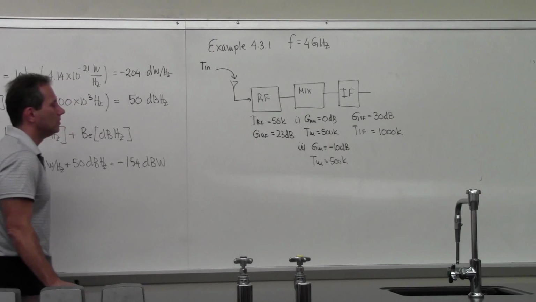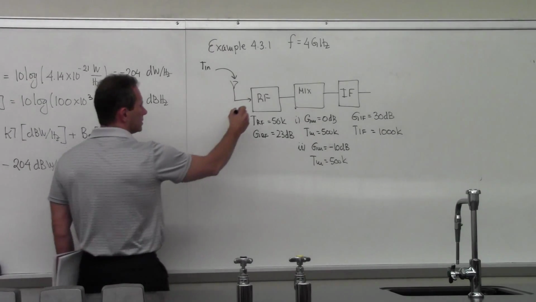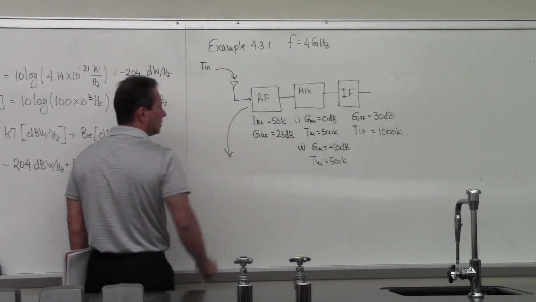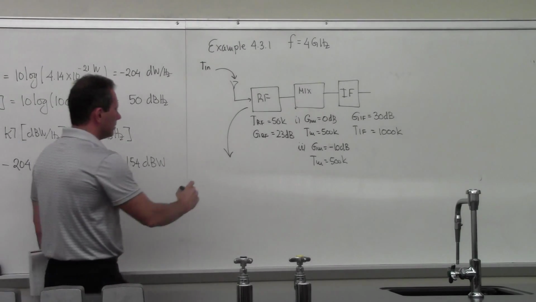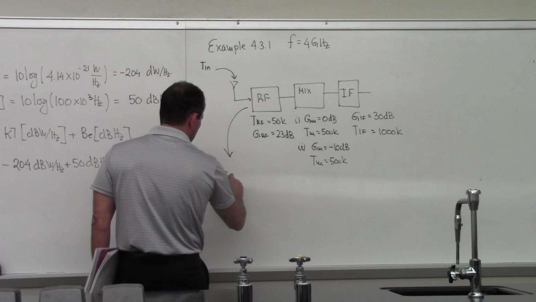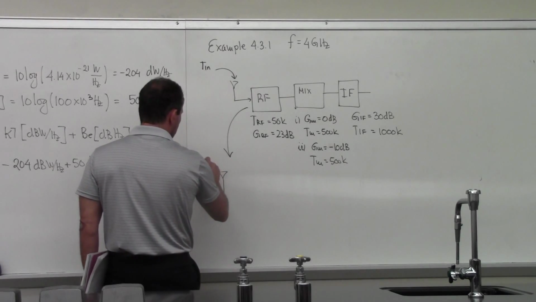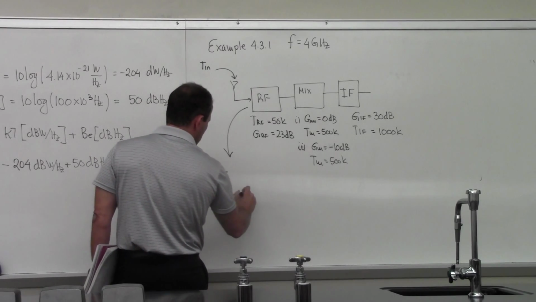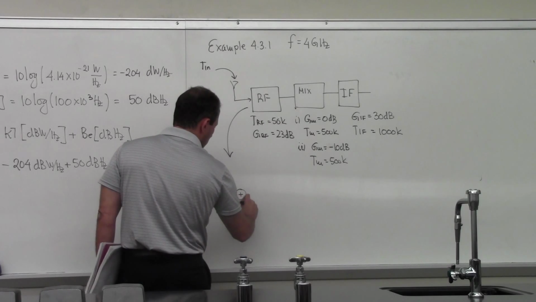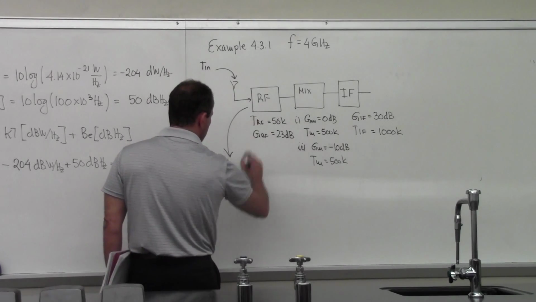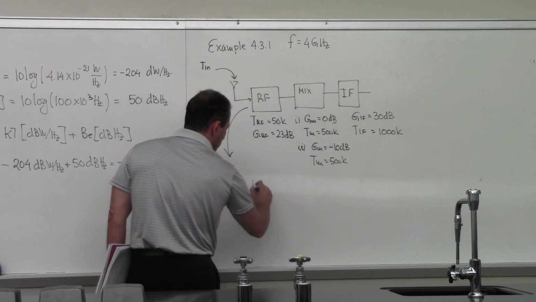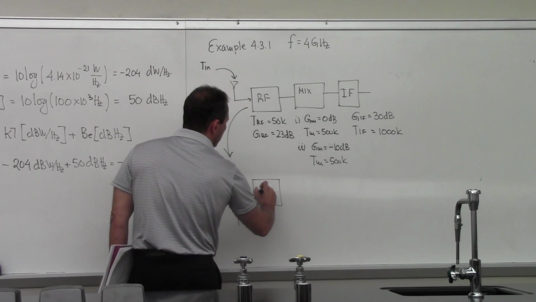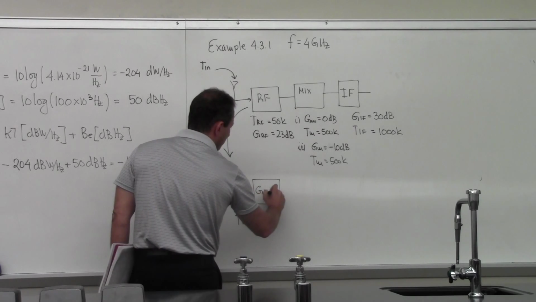Now the first thing you do is you actually draw this with all the noise taken out of the system. What I mean by that is, there's a signal coming in this way. Then there is the noise temperature from the RF stage, and the RF stage is reduced to a pure gain of G RF.